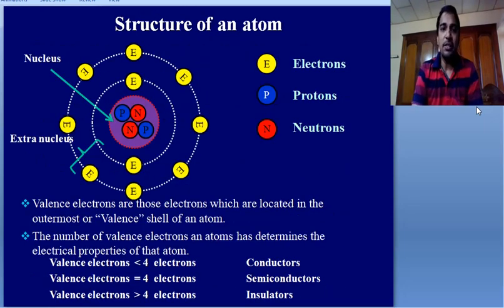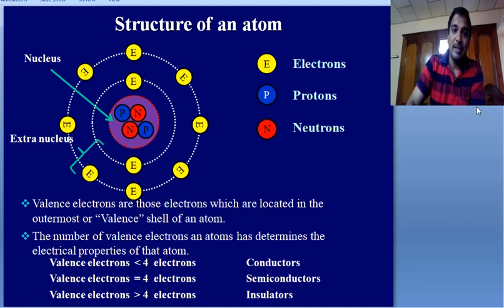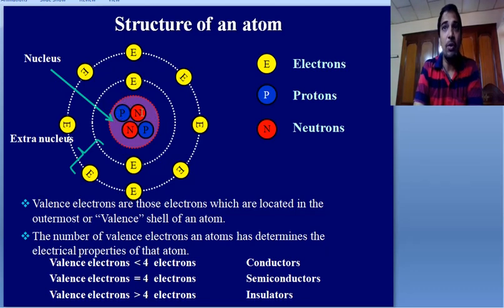We go through the basic structure of an atom. An atom has a nucleus in the center part, and around it we have orbits. In the nucleus we have protons and neutrons. Neutrons don't have charge. Protons are positive charge, carrying a charge equal to the electron charge.